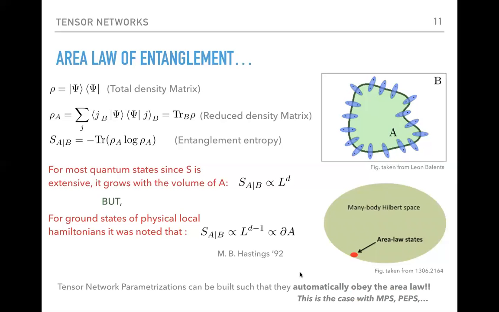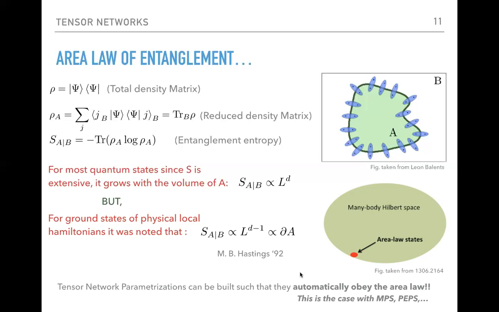In fact, what happens is that you can engineer certain tensor network parameterizations, like the matrix product state I introduced before, which automatically obey this law. So they seem to already target this tiny corner of the full Hilbert space, so that you are already in the neighborhood where you would like to find interesting states, like the ground state and maybe a couple of excited states and so on.